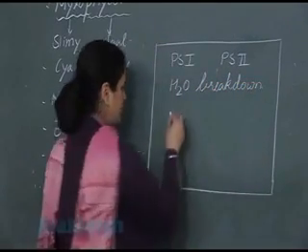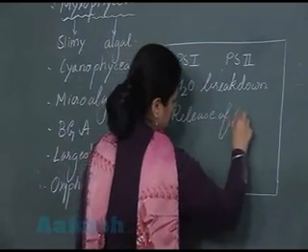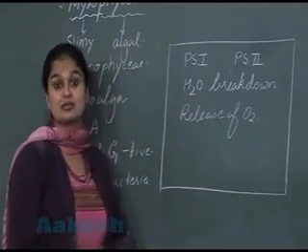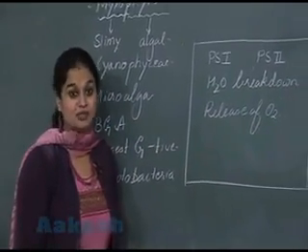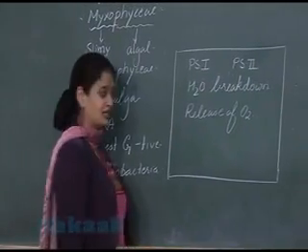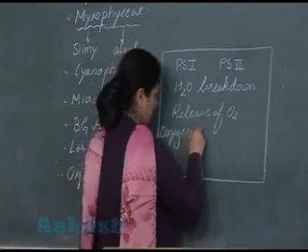If there is water breakdown, there is release of oxygen. So when this bacterium performs photosynthesis, there is release of oxygen, so we can say it performs oxygenic photosynthesis.